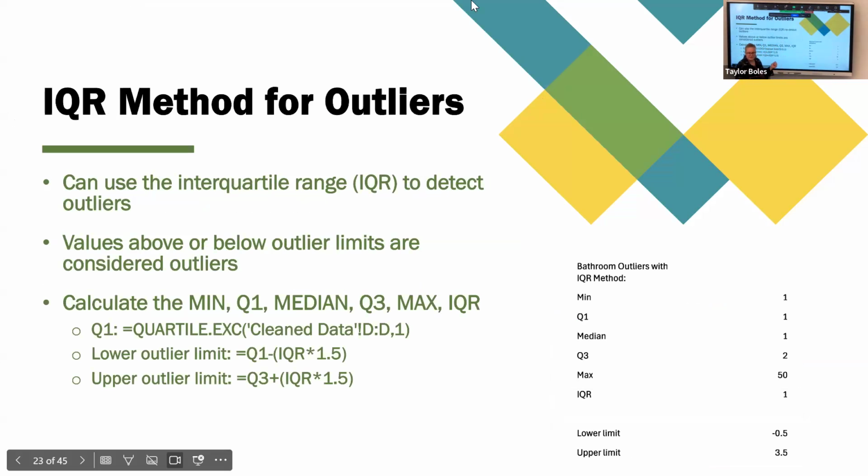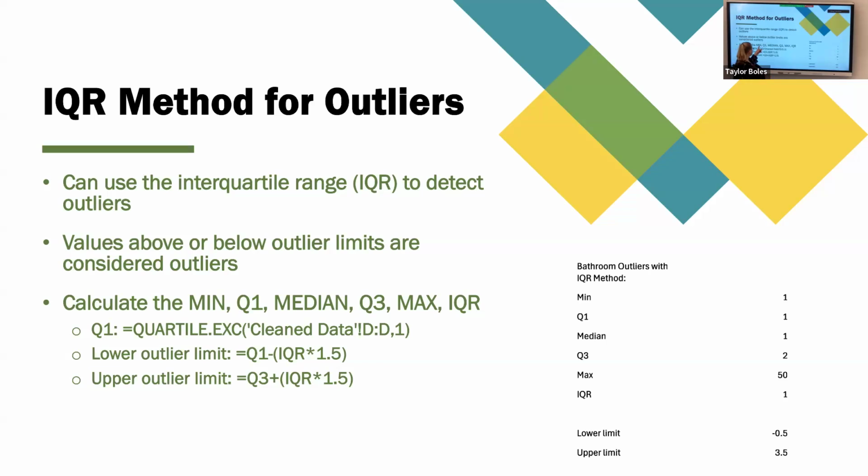Okay, so we can also determine the interquartile range, and you can use the interquartile range to detect outliers. The values above or below the outlier limits are considered outliers. So here are the instructions on how you would determine the quartiles and the lower outlier limit and the upper outlier limit.